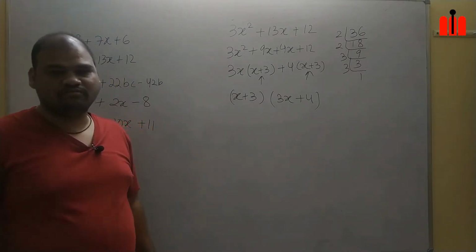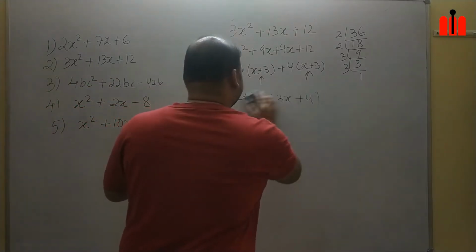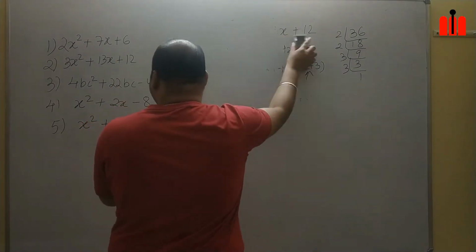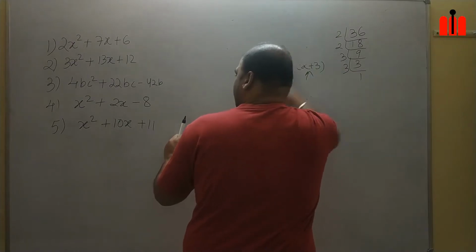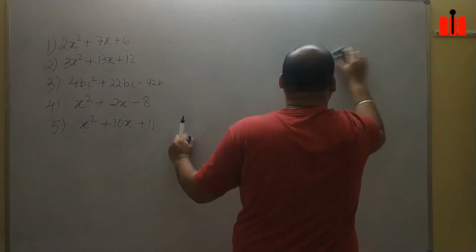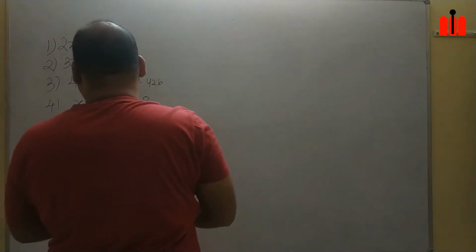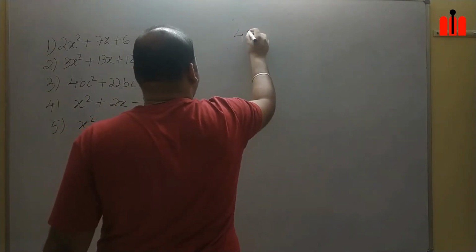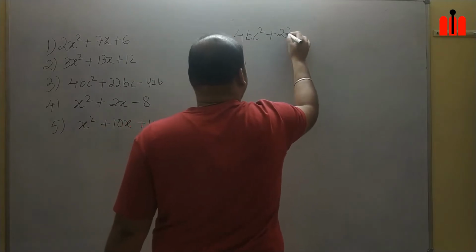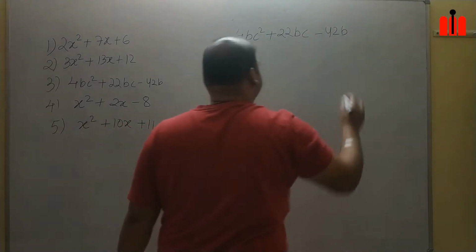Now let's move on to problem number 3. Here also we are going to do it by splitting the middle term. My third problem is 4bc square plus 22bc minus 42b.